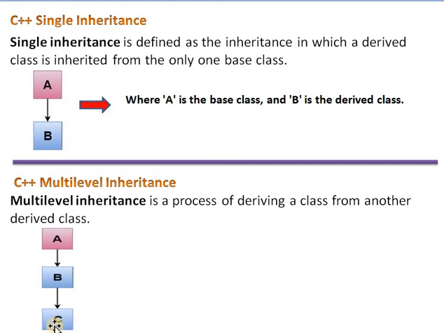That means one derived class is created from another derived class. Here B is the derived class for the base class A, and C is the derived class from another derived class, that is B. So this type of inheritance we call multi-level inheritance.